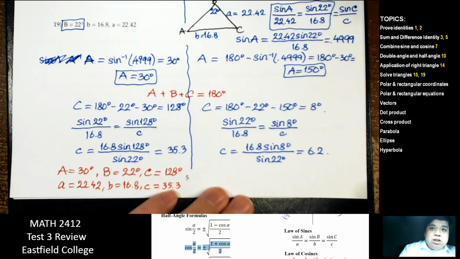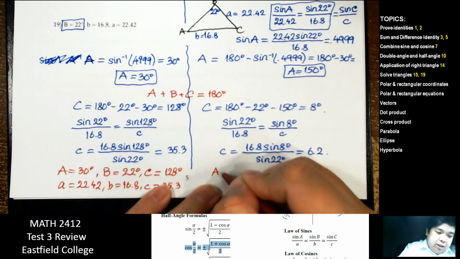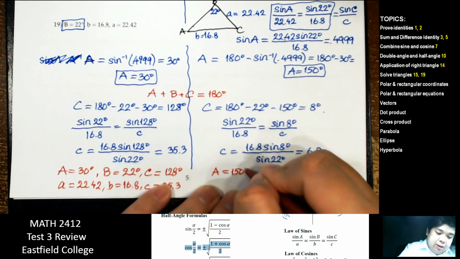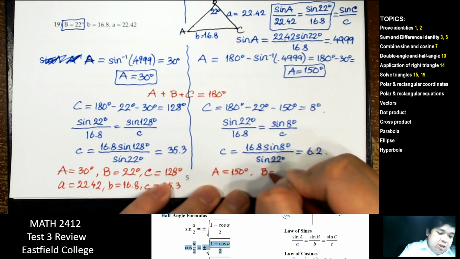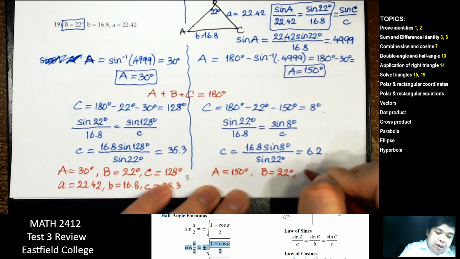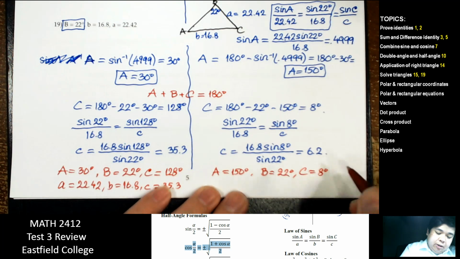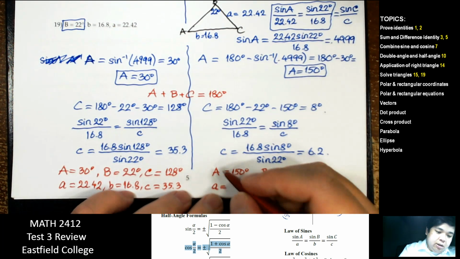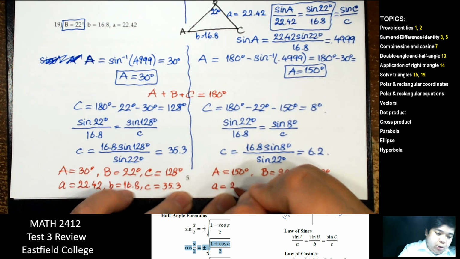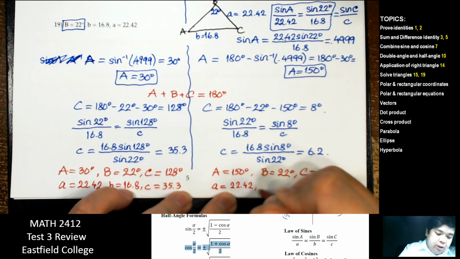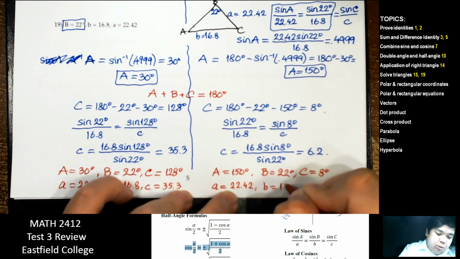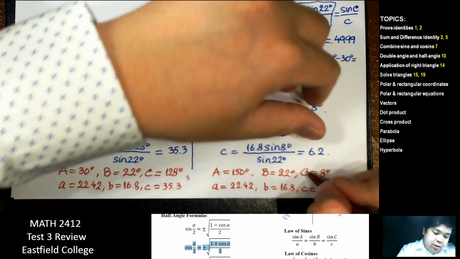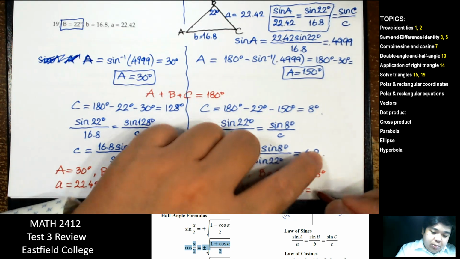And we do this for the other case as well. A will be 150, B still 22, and C is 8. Little a is 22.42, little b 16.8, and little c is 6.2.